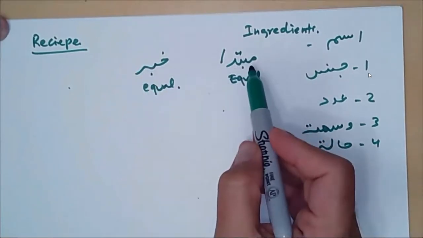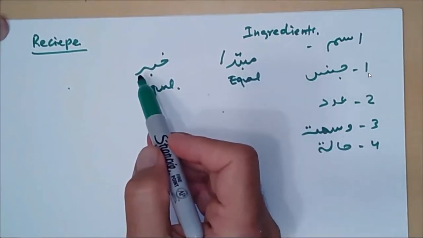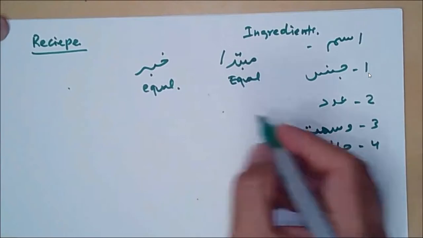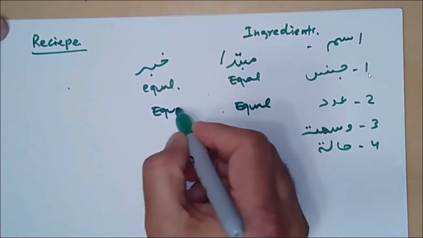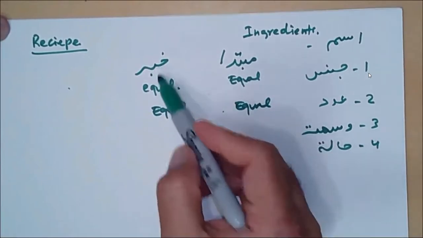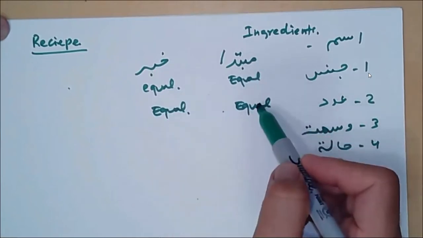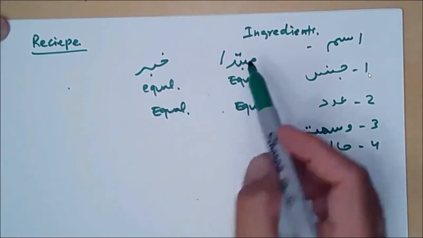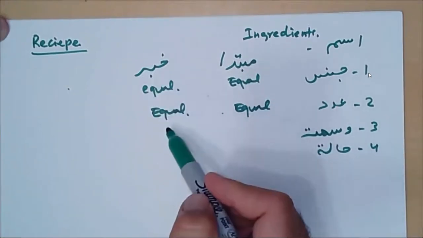If mubtada is female, khabar will be female. Same thing with the adad. If mubtada is singular, khabar will be singular. If mubtada is dual, khabar will be dual. If mubtada is jama or plural, then khabar will be plural.